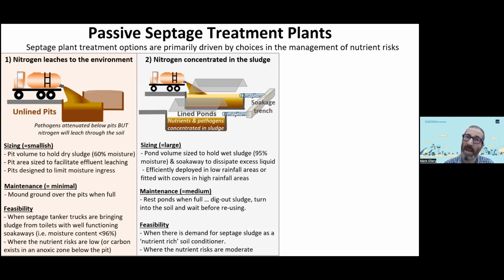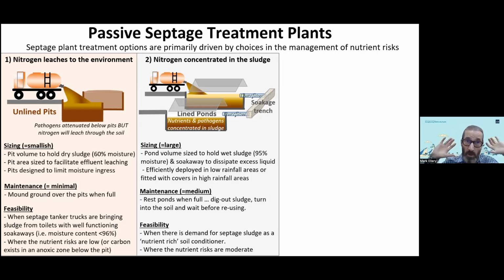The second design is where you want to concentrate the nitrogen in the sludge. This is where you will design lined pits, and allow for overflow of effluent into a soakage trench to attenuate any pathogens when you have liquid overflows or liquid surges.